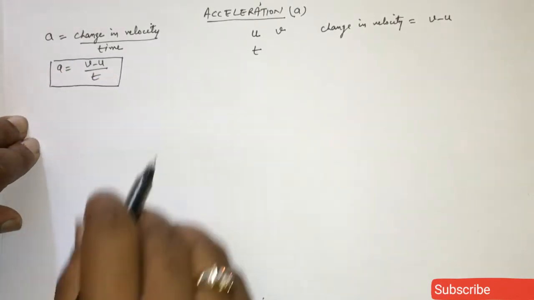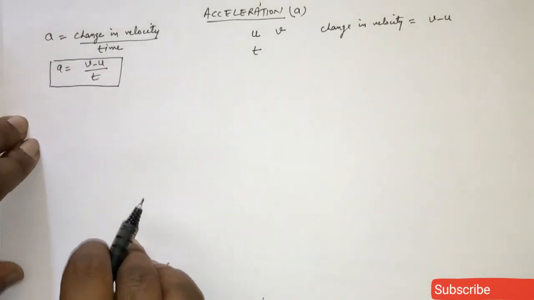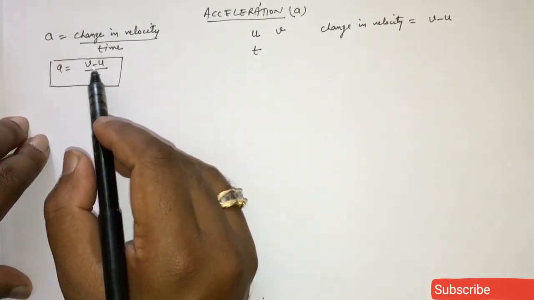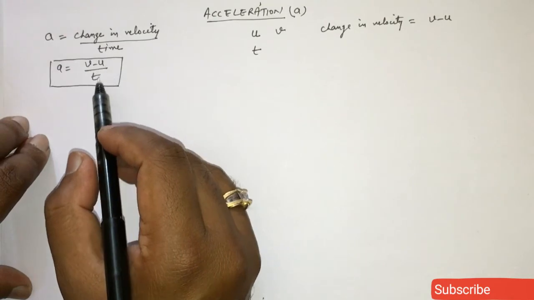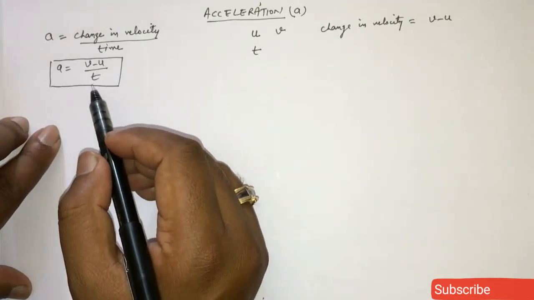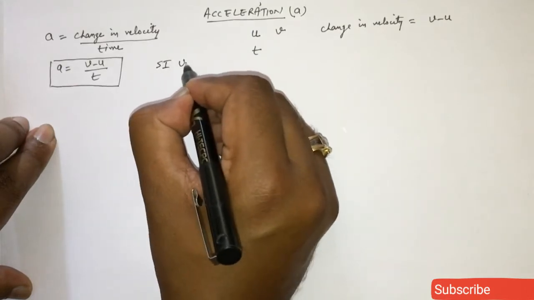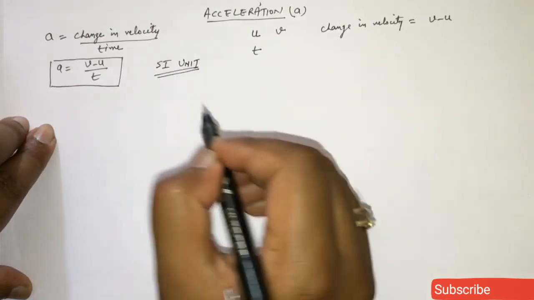So here is the formula of acceleration, that is v minus u upon t, where v is the final velocity, u is initial velocity and t is time.